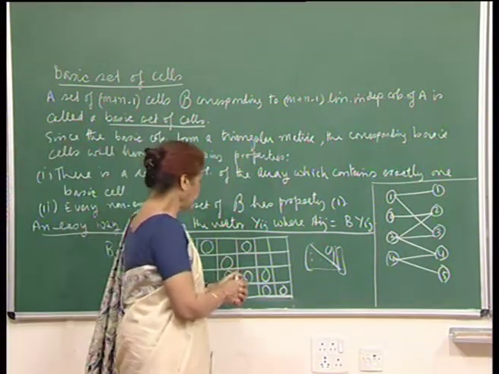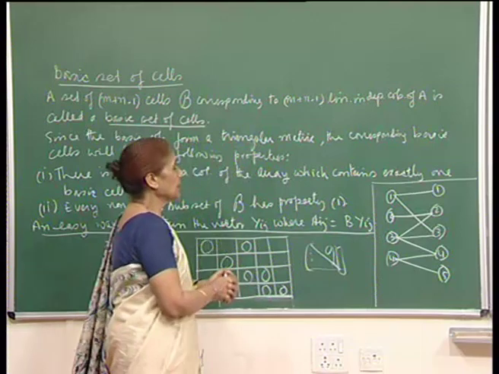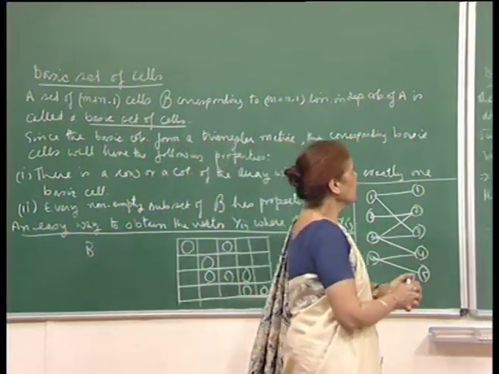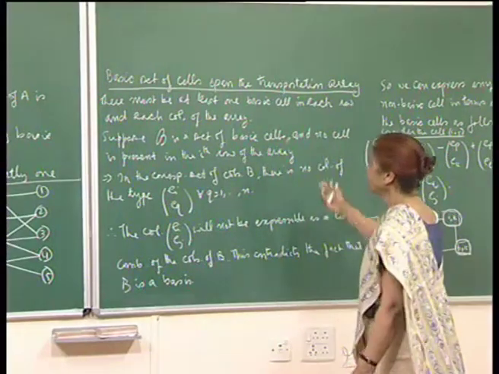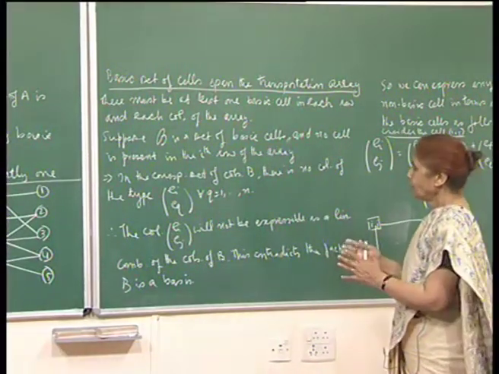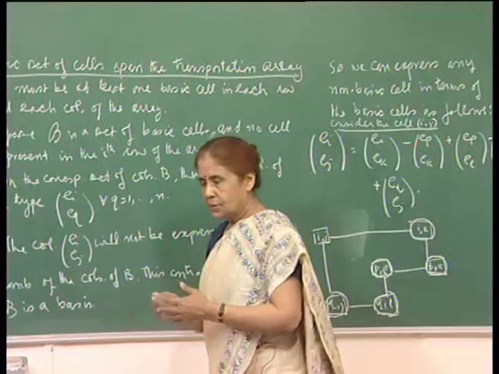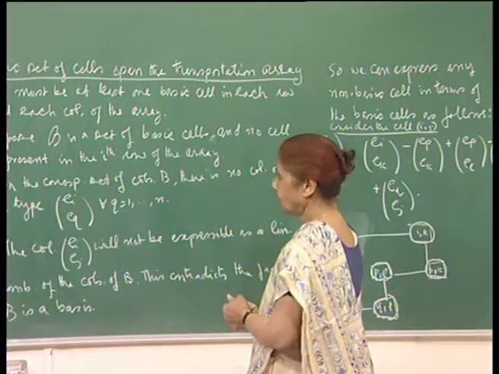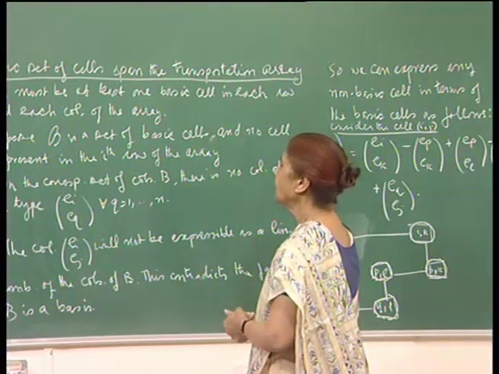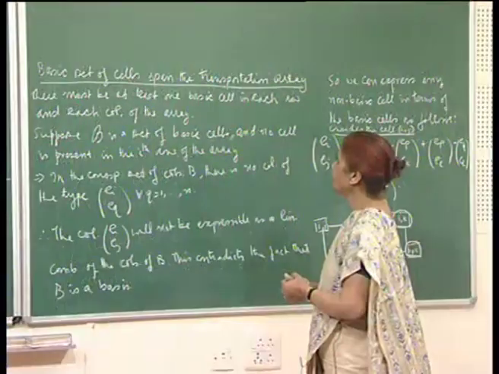Then another property that we want to state here is that the basic set of cells will span the transportation array. Now, what does that mean? I will again give you a very ad hoc treatment of the whole thing, and later on when we develop some more graph theory for networks, the things will fall into place.